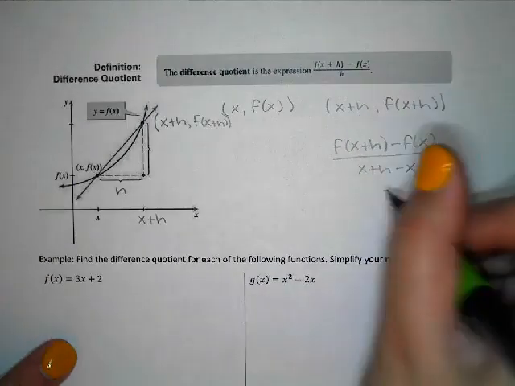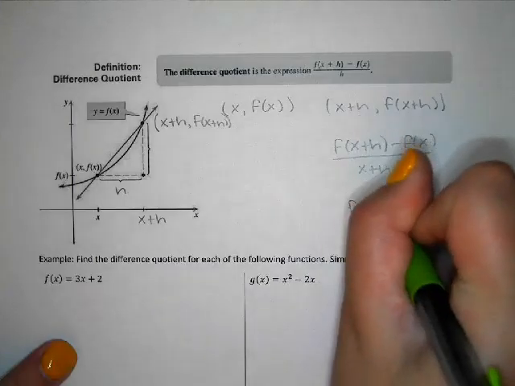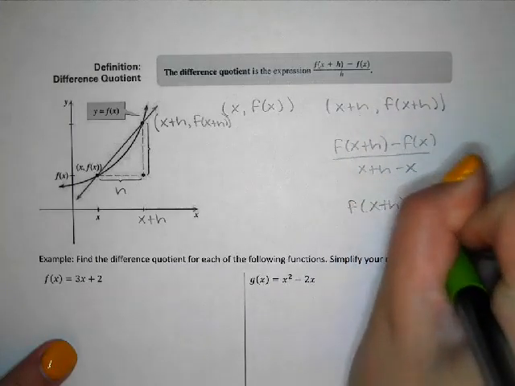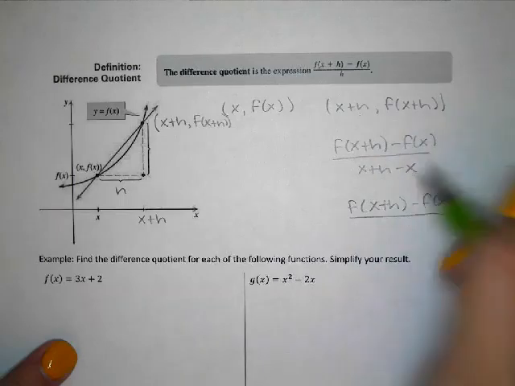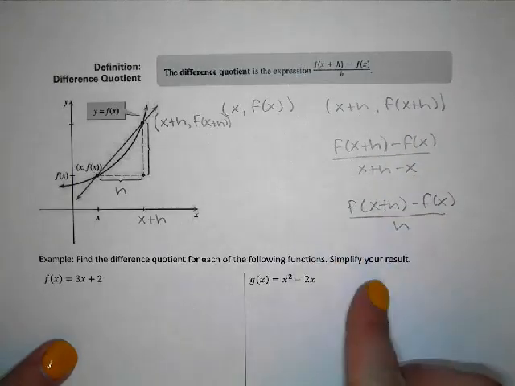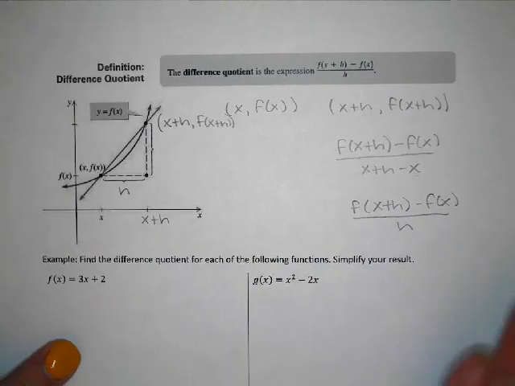And you can see that on the top in the numerator we have f of x plus h minus f of x, and on the bottom positive x and negative x cancel and we're just left with h, and this is just called the difference quotient. So it's kind of like a formula to find the average rate of change on a curve instead of a straight line.